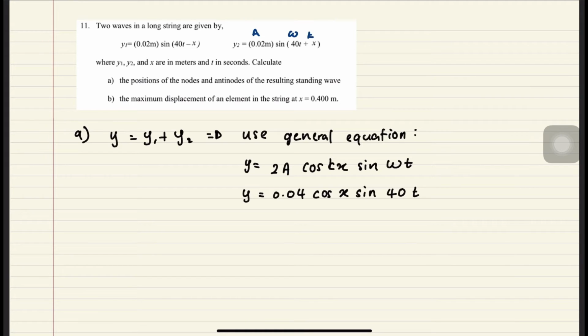First question, they want to find the position of nodes and antinodes. If you want to find the position of nodes and antinodes, you can use the position equation, which is cos. I'll try to draw it for you first so that you can see clearly.